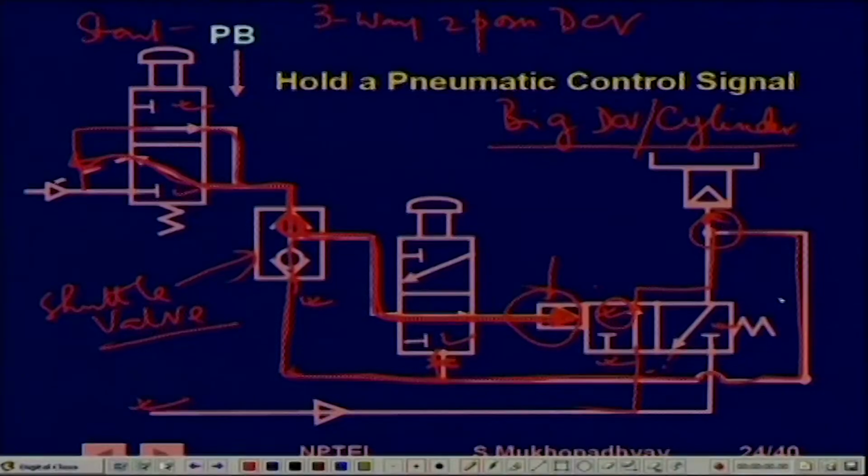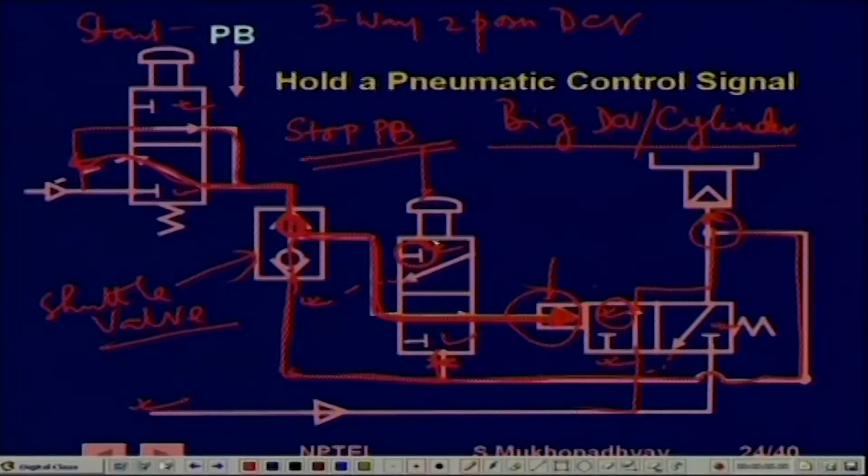Now if you want to reset this, how do you come out of this? So you press this push button, this is the stop push button. The moment you press this, this valve is going to shift here, so then this is going to get exhausted. This line which was coming through this gets blocked here.